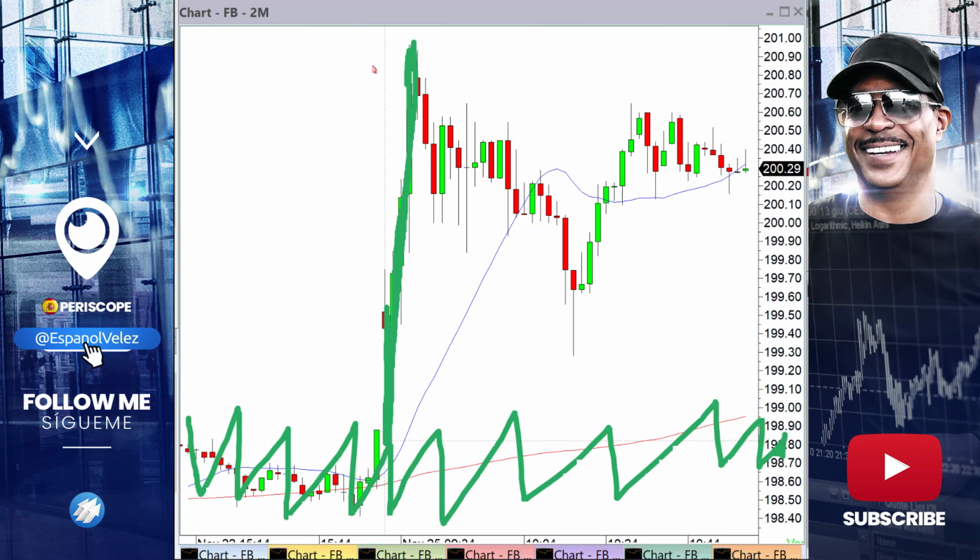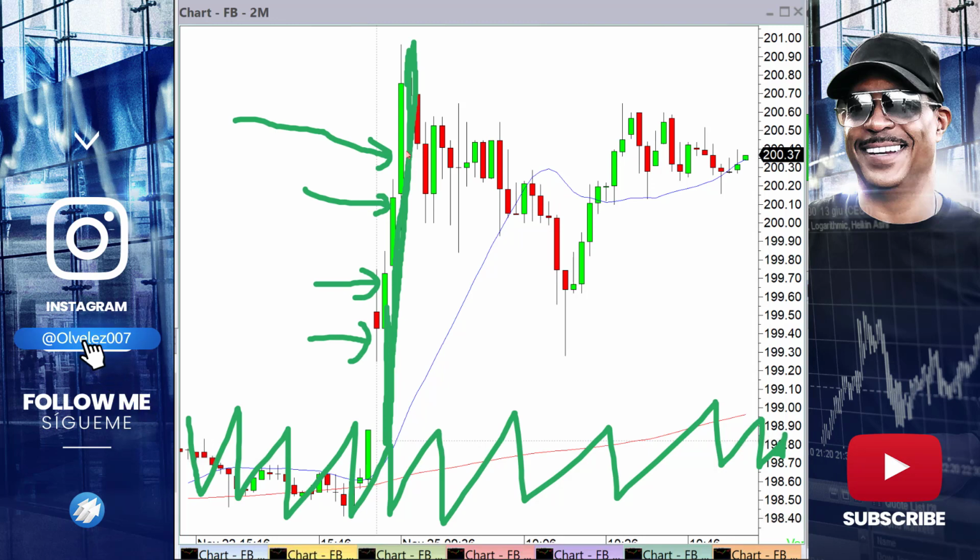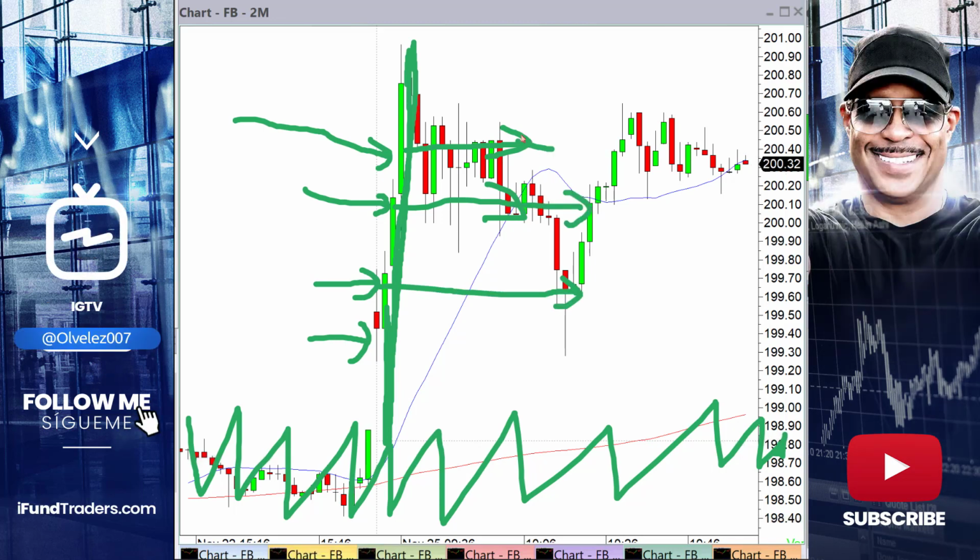Now, remember, a power move has supportive elements in and of itself. The supportive elements of your power move shoot this way, okay? So they shoot supportive elements to the right. And that goes for red power moves too.